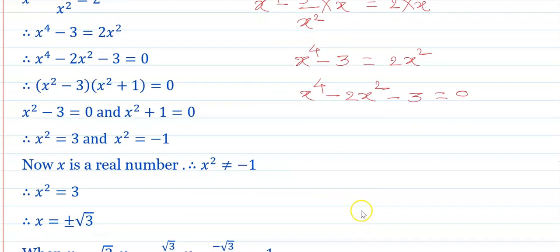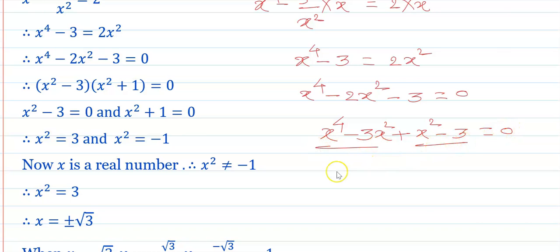Now what are the factors? The factors are such that the multiplication should be minus 3x raised to 4. Therefore x raised to 4 minus 3x square plus x square minus 3 is equal to 0.